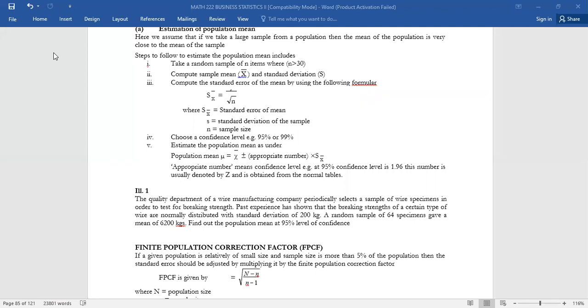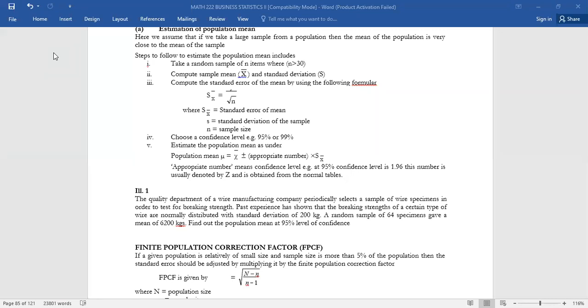We have our steps. So the first step is to take a random sample. But in this one, the sample is already given. So step 1 and step 2 are provided, because we've been told that the mean is 6,200 kgs, isn't it? So can we get the standard error?